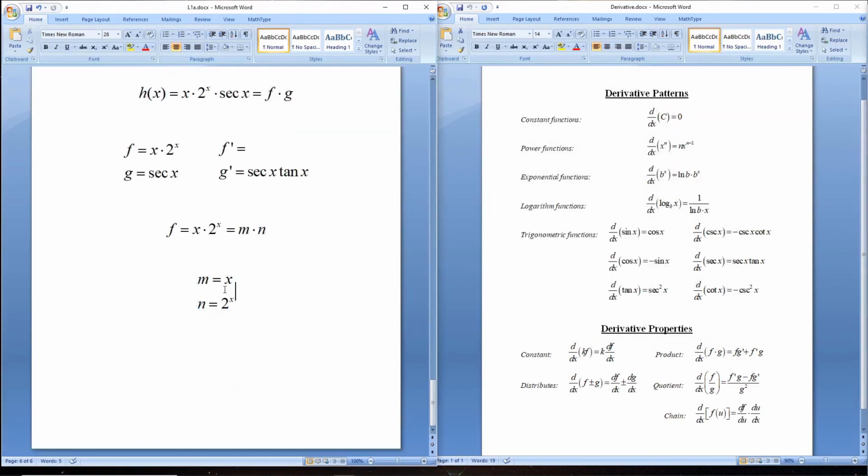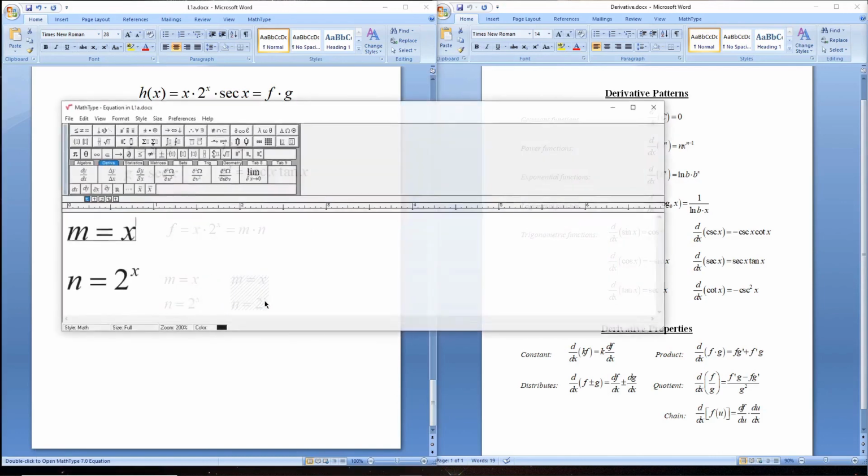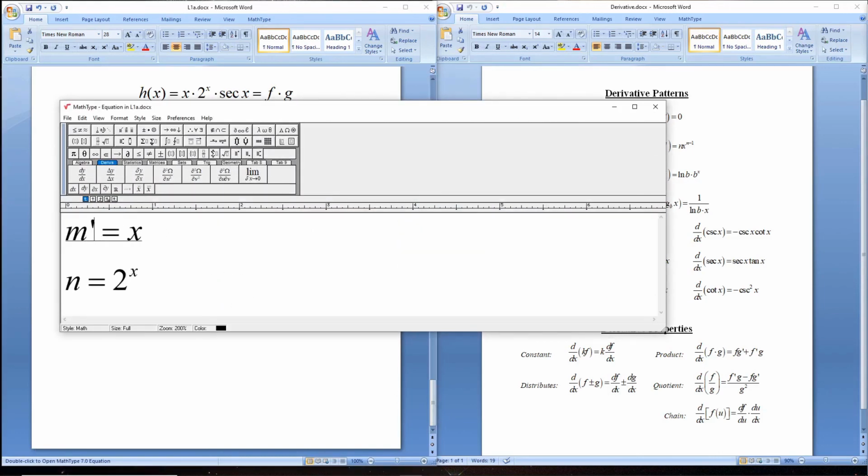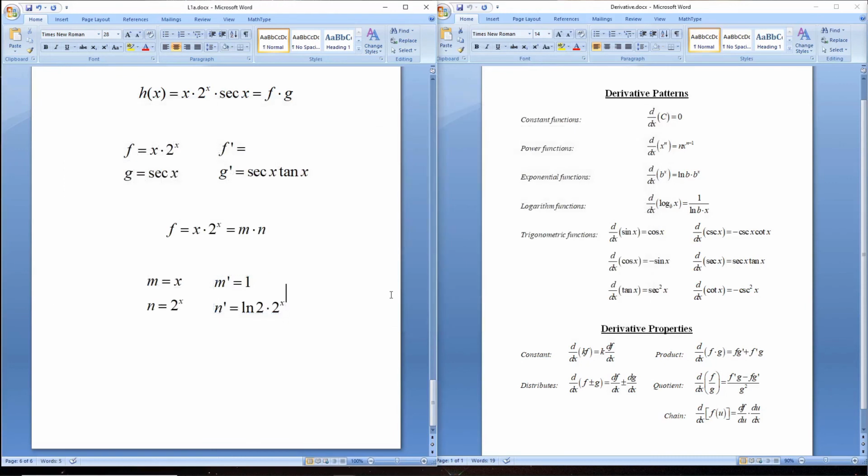And then, once we have our definitions here, we take the derivative. So the derivative of x is 1. And the derivative of an exponential is always itself times the natural log of the base. And so here's our information to find the derivative of f.